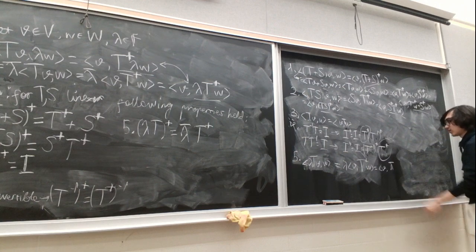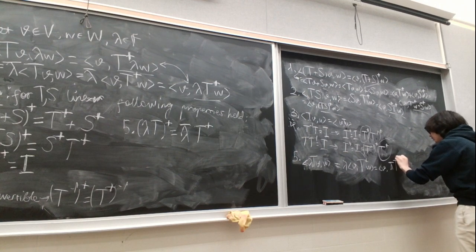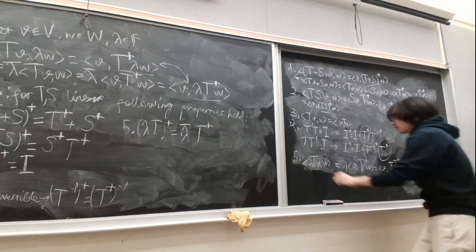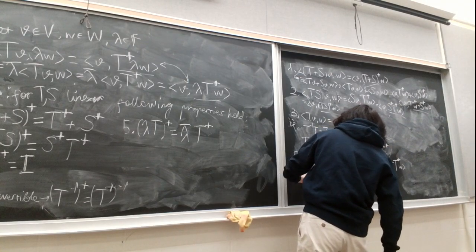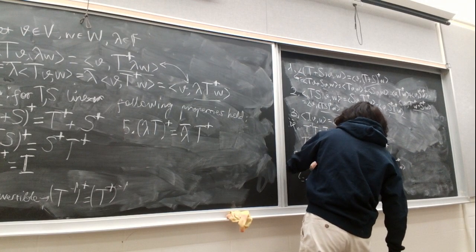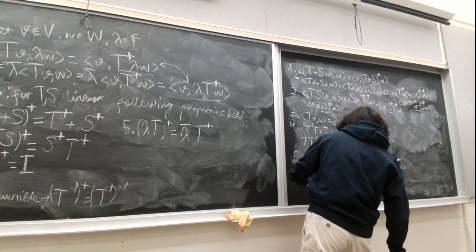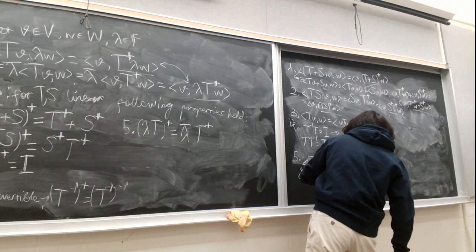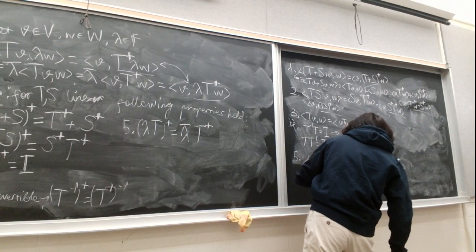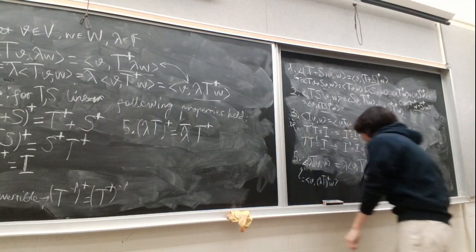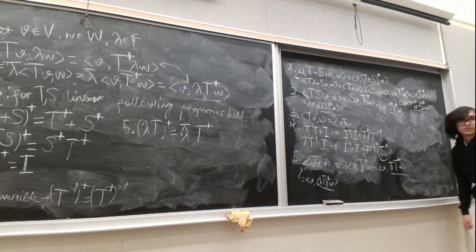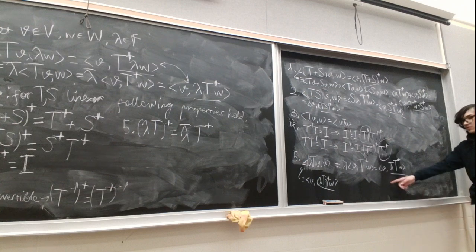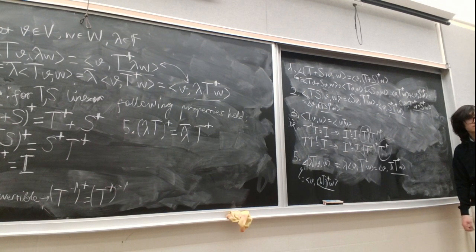We take the conjugate, T dagger W, and so these two are equal. There we go. Does that last one make sense? I think so. Yeah. Okay.